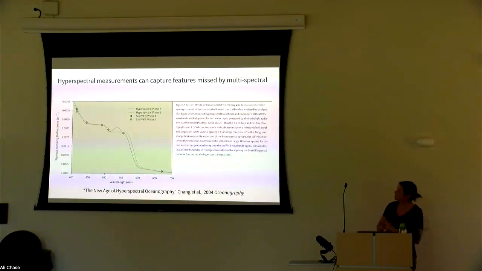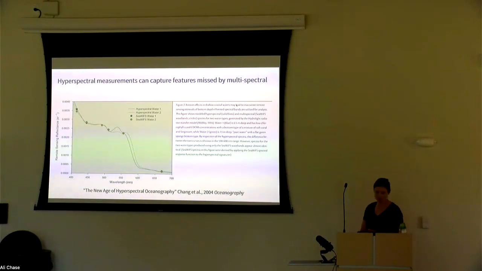I just wanted to talk a little bit specifically about hyperspectral data because it's all the rage, but that's not really new. There's a paper almost 20 years ago, The New Age of Hyperspectral Oceanography, Chang et al. in Oceanography, pointing out that there are things that we can see in the water that we cannot identify using multispectral data. This is an example.